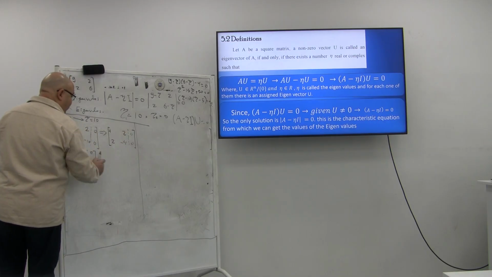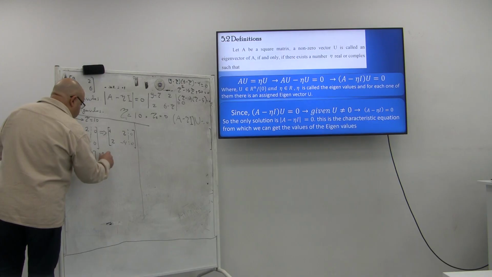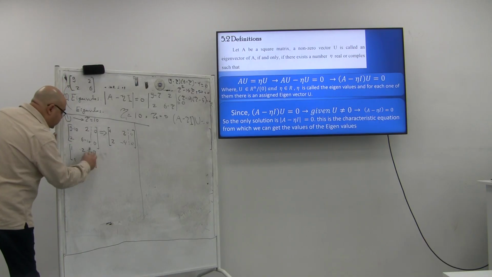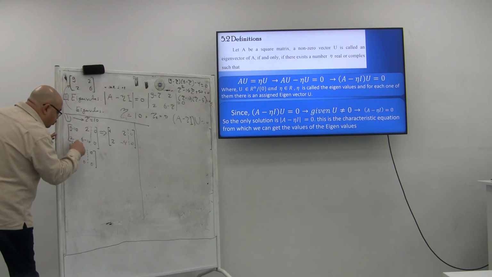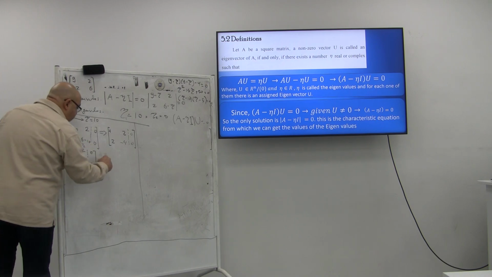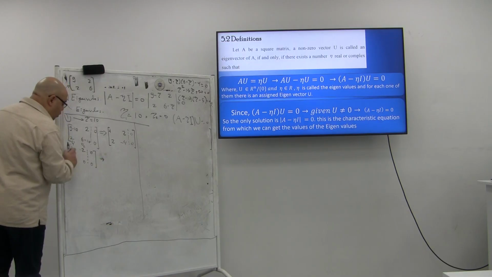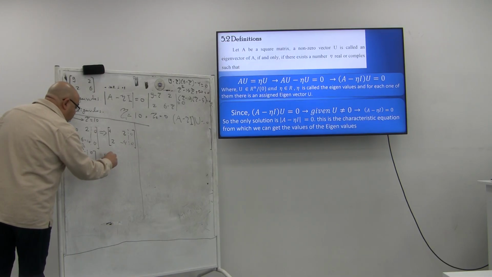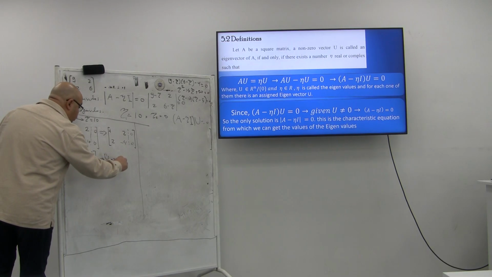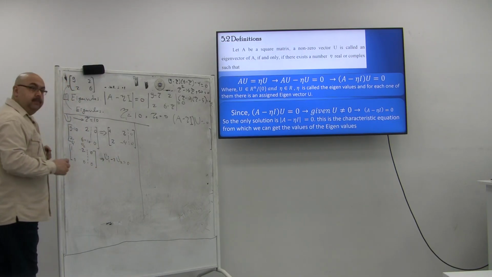Multiplying by 2 and adding, you will have this relation. So now I can put U1 sub 1 and U1 sub 2, step by step. And once you start substituting, I will have the following: 1 times U1 first component, negative 2 U1 second component, and it's equal to 0.